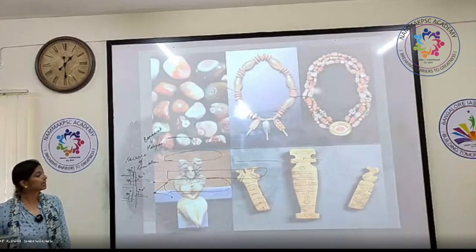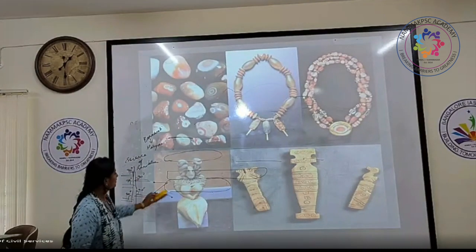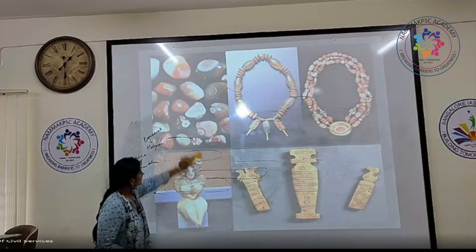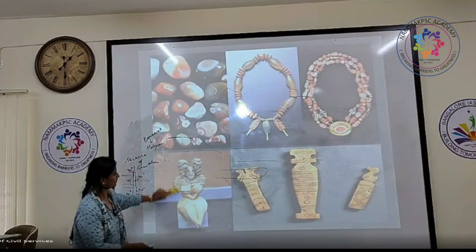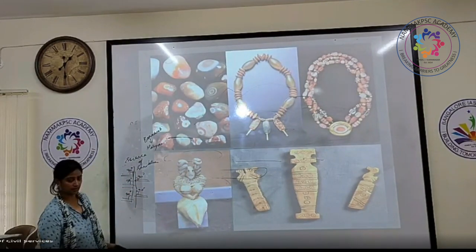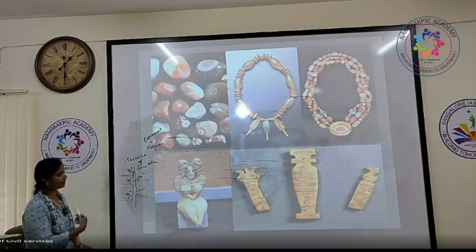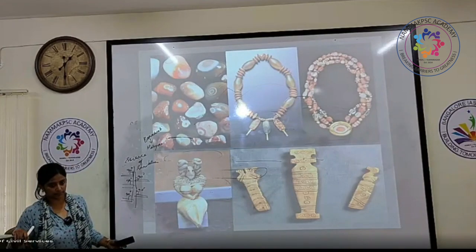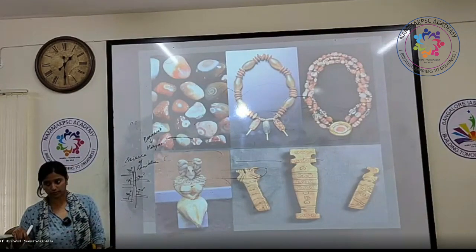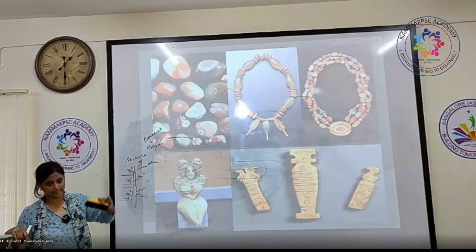Look at this. This is their ivory carving. This is also an ivory carving. This is like a female figurine where they are representing Mother Earth or a goddess. This is how we understand that they were matriarchal people. Other than the Pashupati seal, we don't find any references to male deities as such.